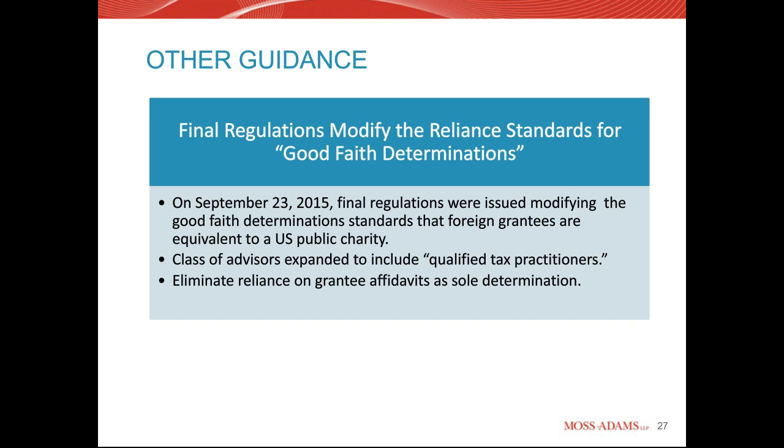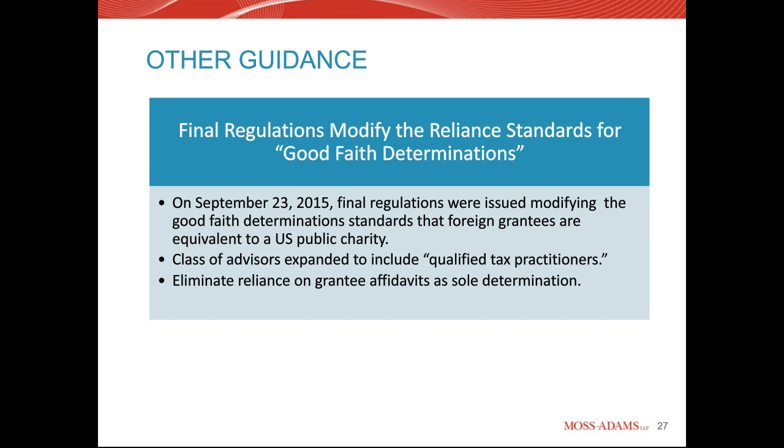But basically, you could give a grant to a foreign organization and do a determination that, hey, if they were organized in the United States, they would be a 501(c)(3) public charity under our rules. Well, now they used to rely on outside counsel, foreign counsel, determination by the grantee. Now they've said, no, we're not going to let you do it.